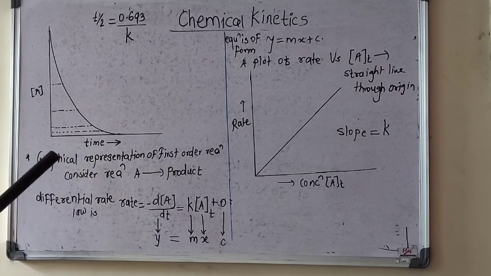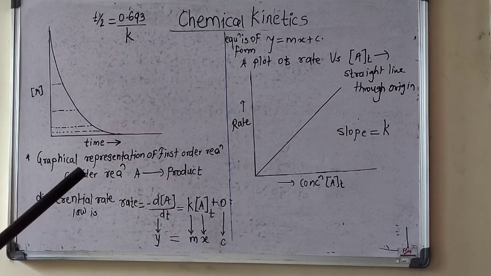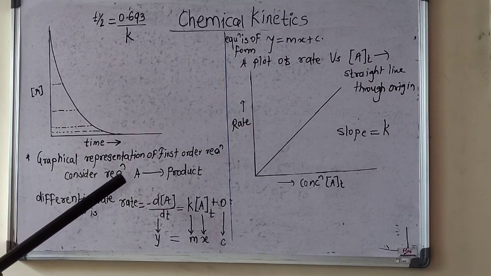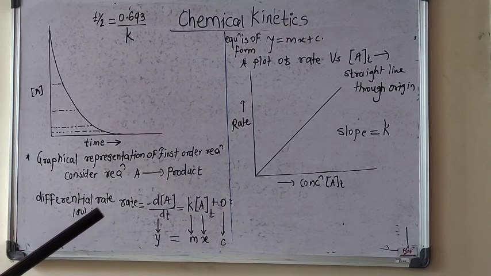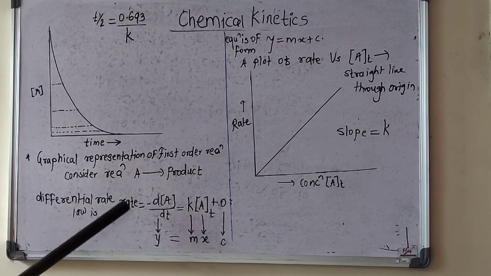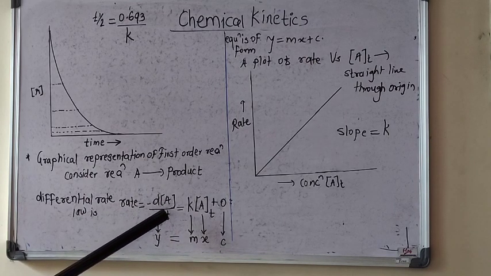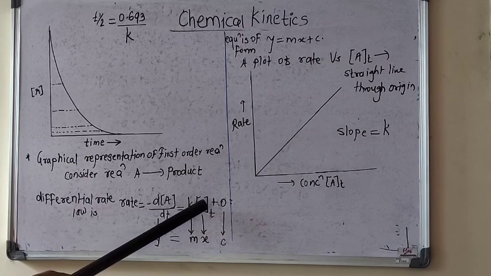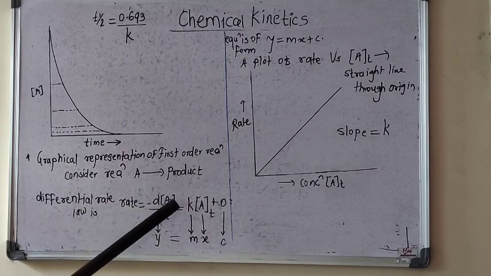Okay, the next point is the graphical representation of the first order reaction. For this we consider the reaction A converted to product, a first order reaction. The differential rate law for this reaction is rate equal to minus dA upon dt, equal to k[A]. This is the differential rate law for the first order reaction.